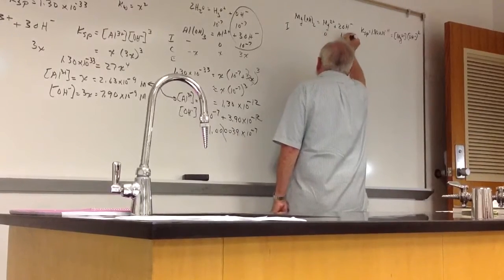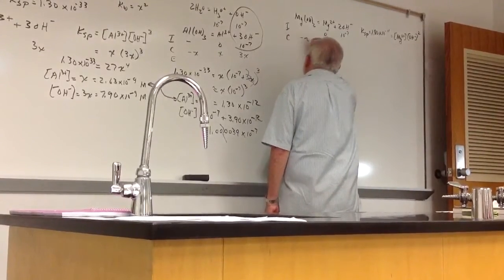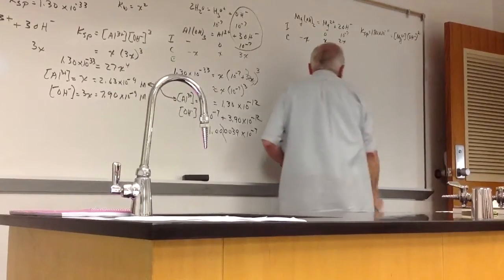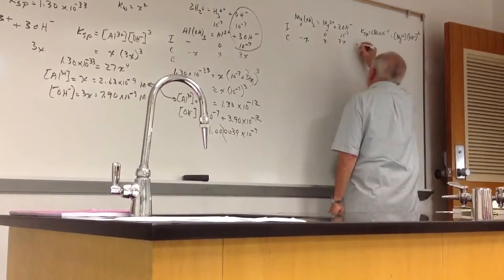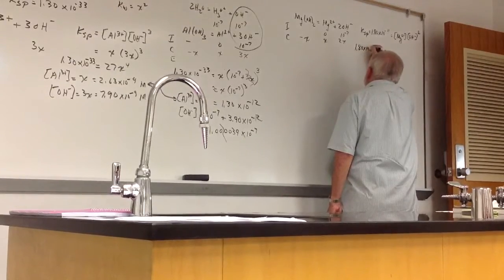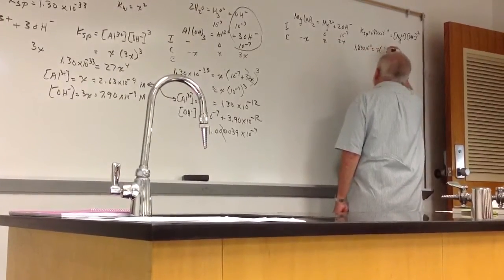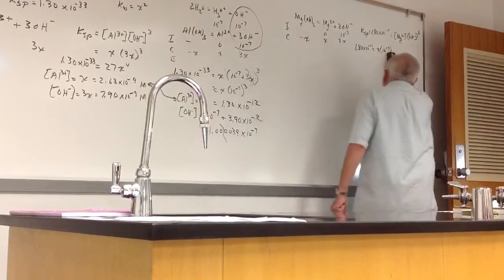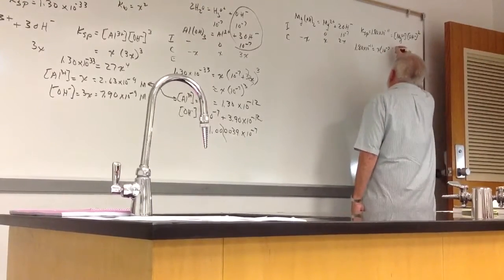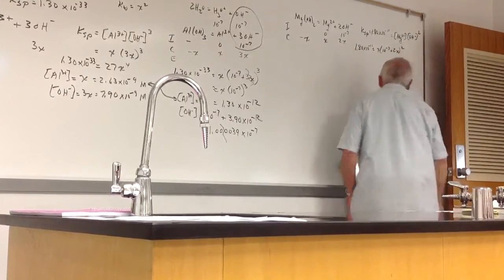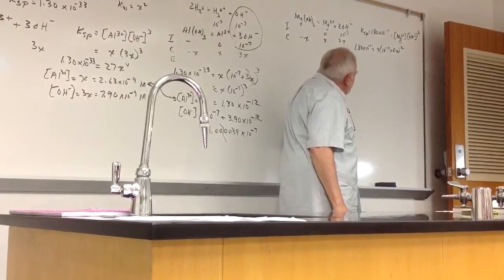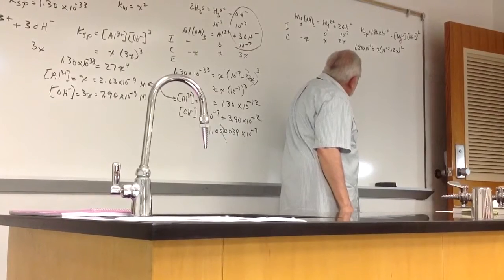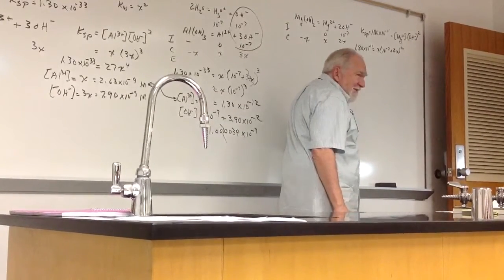So this is 0, 10 to the minus 7, C. I'm going to write this over here a little bit so I don't have space. I'm going to do the approximation again.